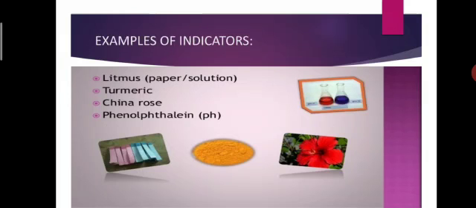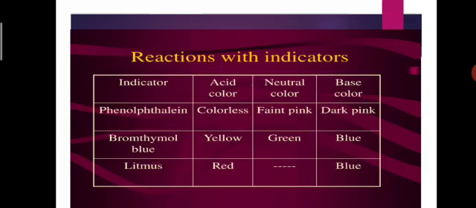Now, some examples of indicators. Students, one natural indicator is litmus paper. Second is turmeric, which you all know. China rose, that flower also you have to learn. And the fourth one is phenolphthalein. Let's see what reactions they give.